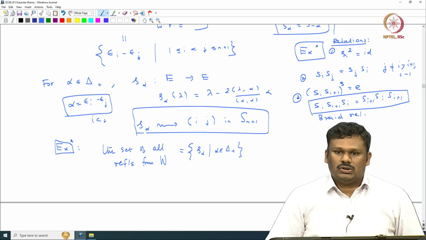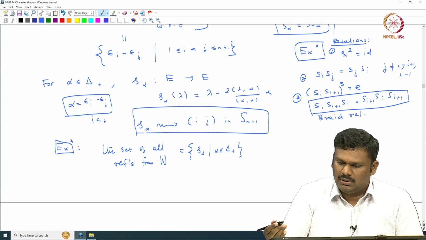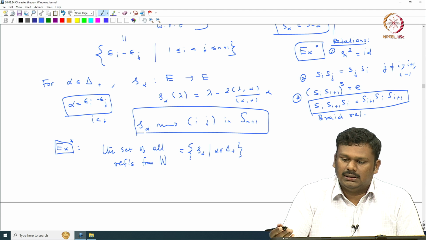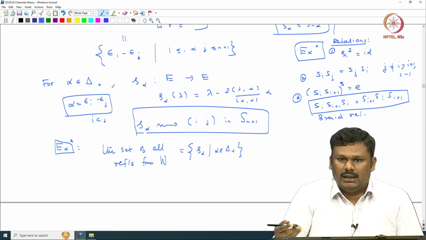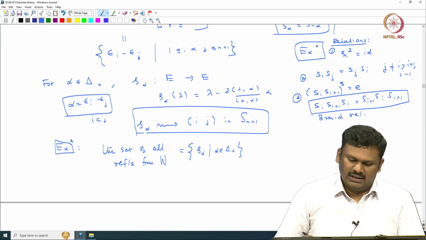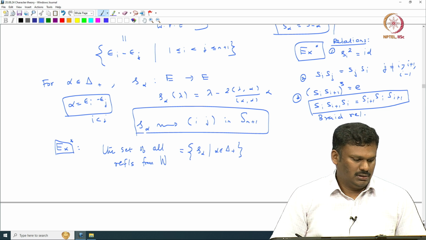These are all the natural relations among the s_i, and those relations determine the group. Indeed, you have to show that the group generated by s_i modulo these relations is a finite group and it has exactly the cardinality of S_(n+1). I will leave it as an exercise, because these facts will not be needed in our course.